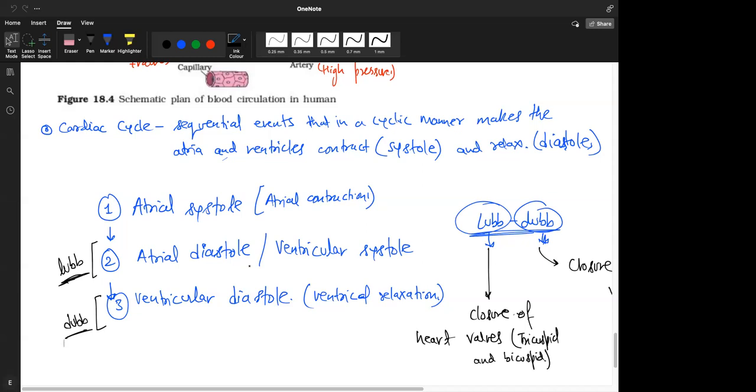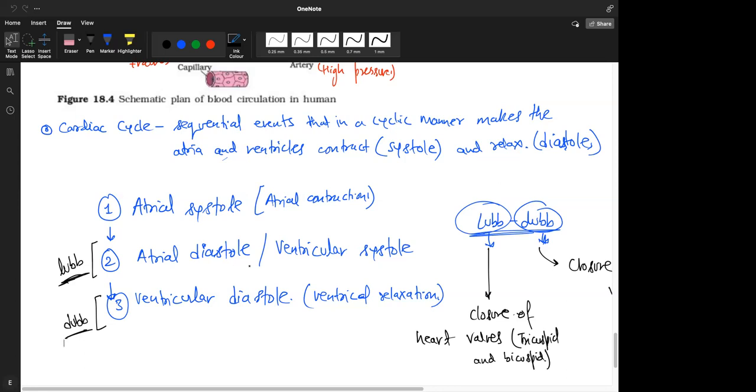So instead of 72 beats, if you are now beating 120 times, even if you are pumping 50 ml, not 70, you will still be throwing more blood out in 1 minute. The whole idea is to throw more blood out, because you are doing vigorous exercise, running, and all your tissues in the body need more and more oxygen.